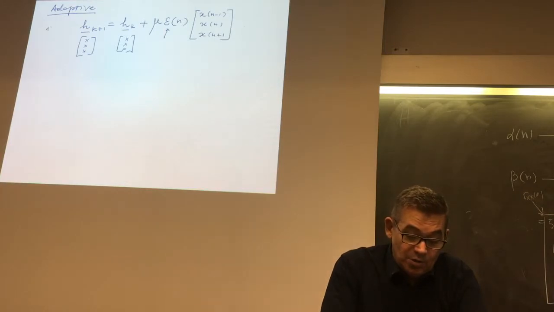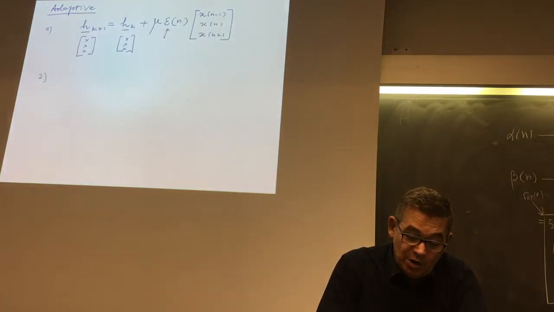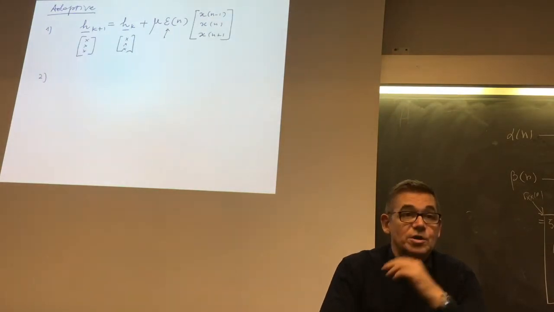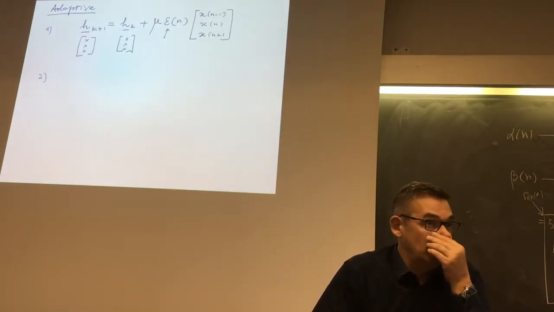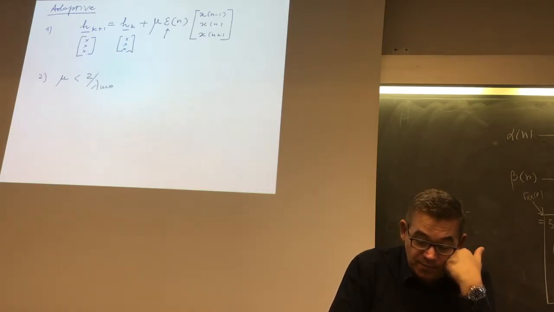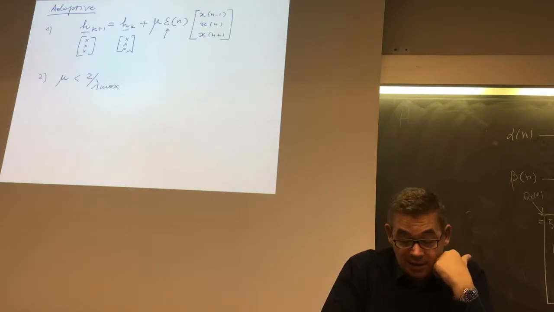So now, solve for computing the number of steps to reach the convergence in the mean. We know that for convergence in the mean, mu should be smaller than 2 divided by lambda max. And the time for convergence.